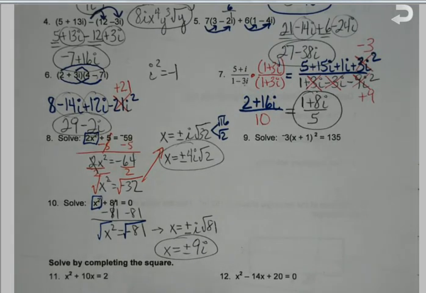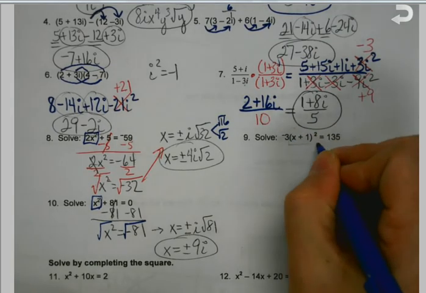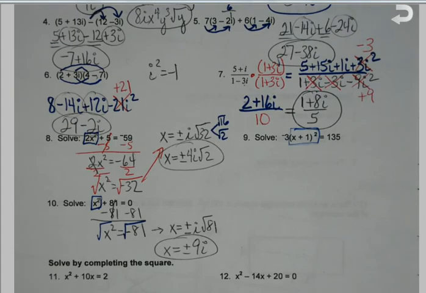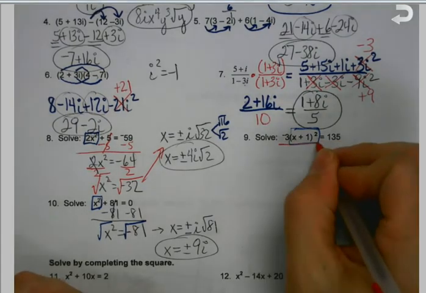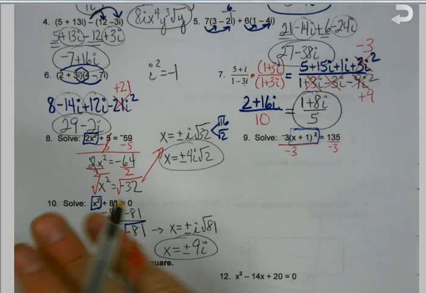Now number 9. Same idea, except now I've got to work on isolating my quantity, my set of parentheses. To do that, I've got to do the opposite of multiplying by -3, which is to divide.